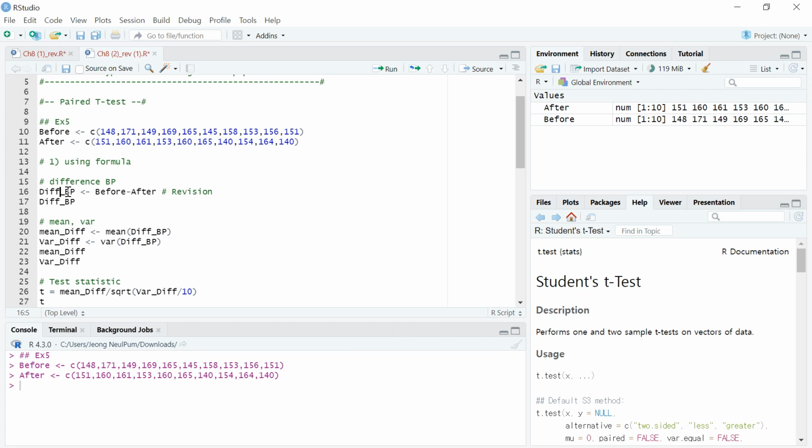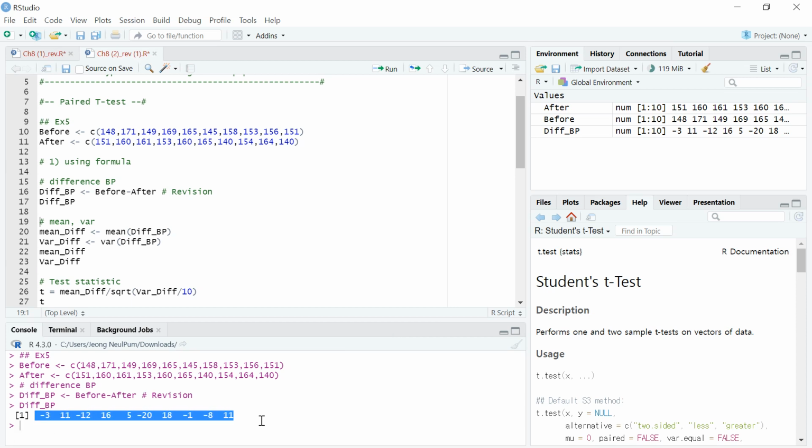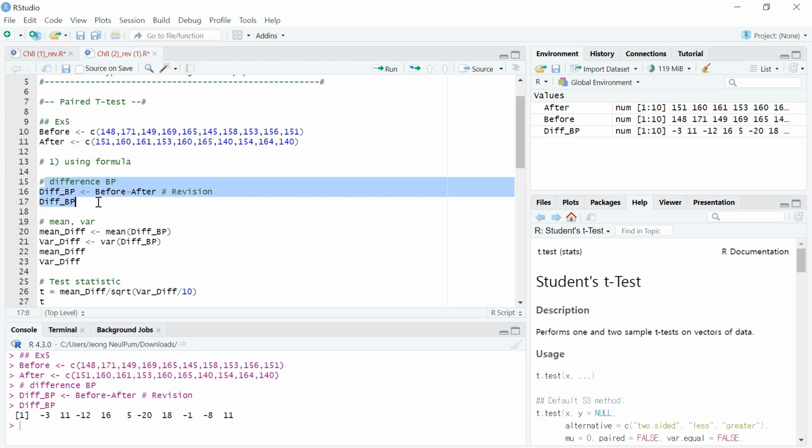So it also has 10 values as the result of the difference calculation, because it calculates element-wise, the difference between the two vectors, element by element, so that we can get each calculated result.